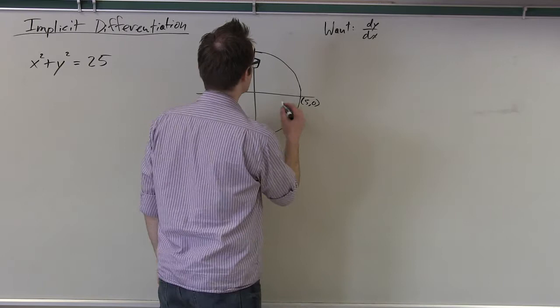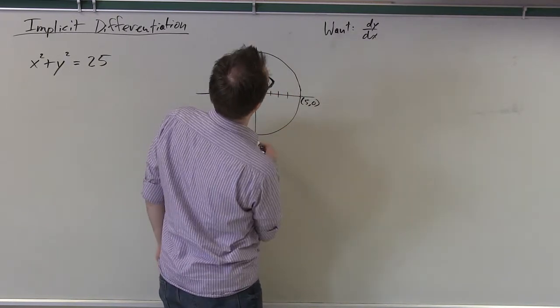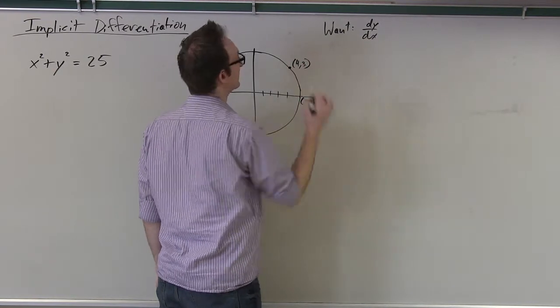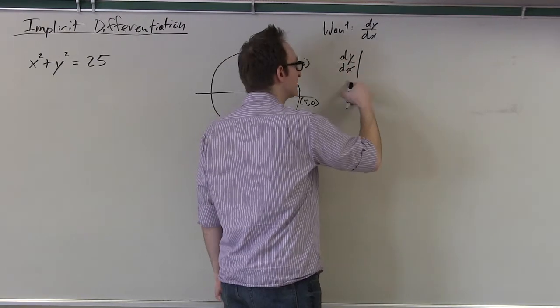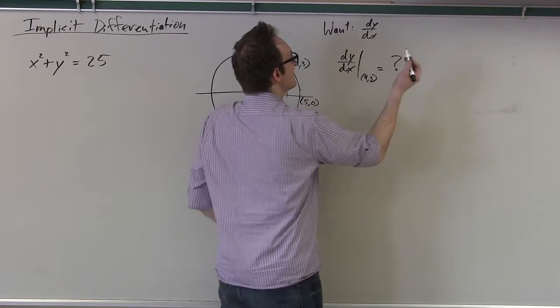Take some point, picture not exactly to scale, take this point (4, 3). dy/dx at the point (4, 3), what does that mean?